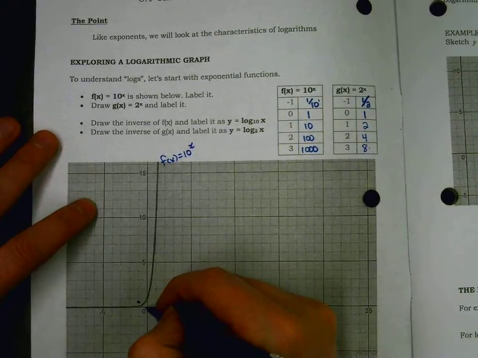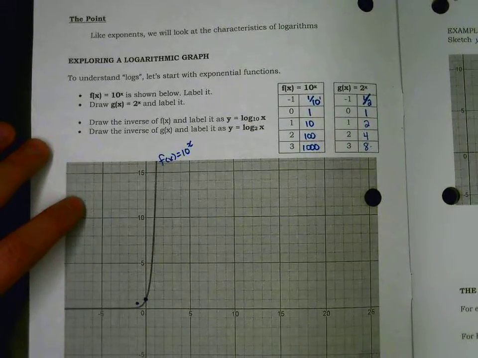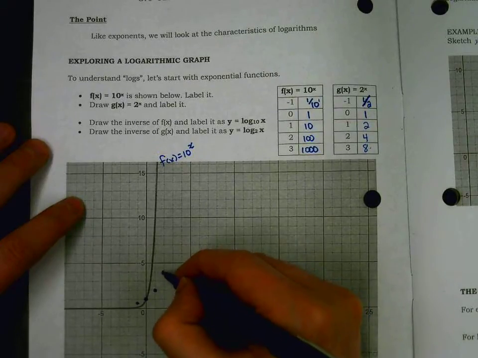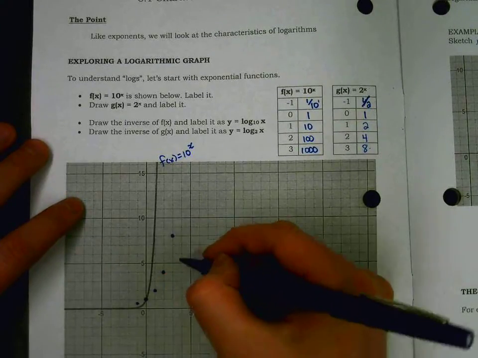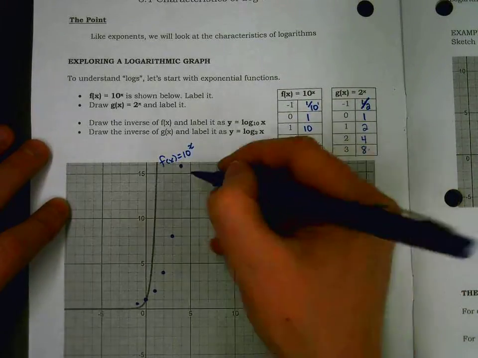Plug in a 0 and a 1 comes out, and there's a meeting point. Plug in a 1, 2 comes out. Plug in 2, 4 comes out. Plug in a 3, 8 comes out. Technically, you could plug in a 4 and a 16 would come out.